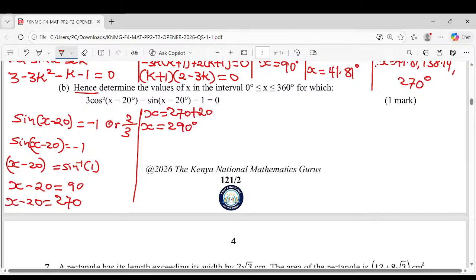In the other case, we had the sine of (x minus 20) being equivalent to 2 over 3. That will mean that x minus 20 will be equal to the sine inverse of 2 over 3. This means that x minus 20 is equal to 41.81.